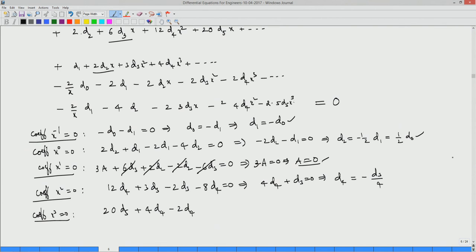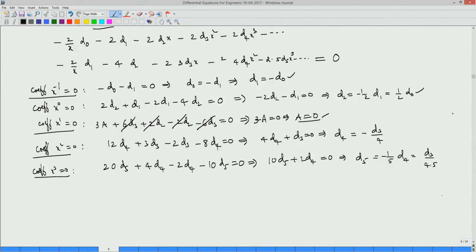So, you have minus 10 d5, and that equals 0. So, this will give me 10 d5 plus 2 d4 equal to 0. So, d5 is minus 1 by 5 d4, and d4 is given in terms of minus d3, so it is going to be plus d3 by 4 5, and so on. Like this you are getting.